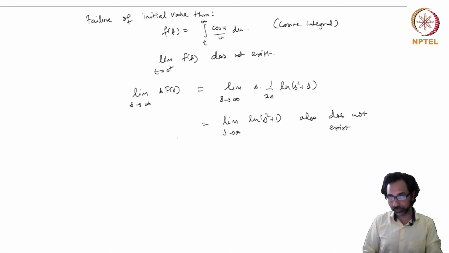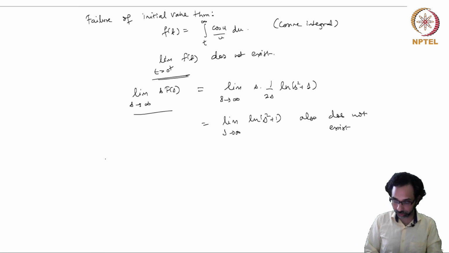It can also happen that if the limit as t tends to 0 plus of f(t) does not exist, then the limit of s F(s) as s goes to infinity is in fact finite. So let's see an example for this.